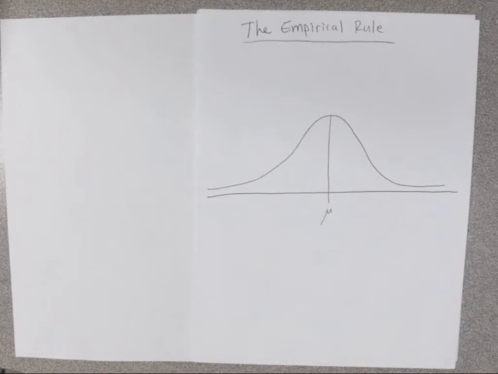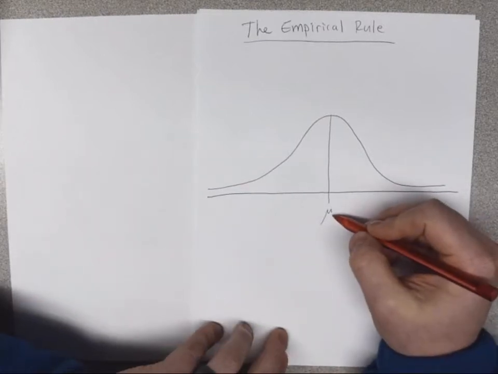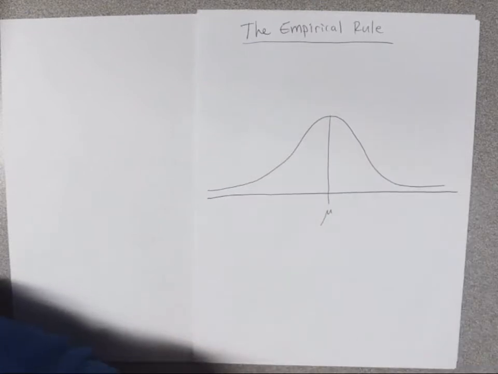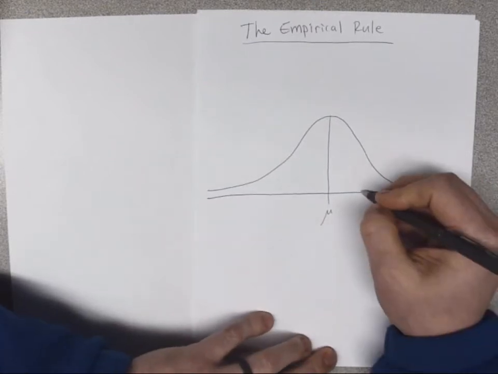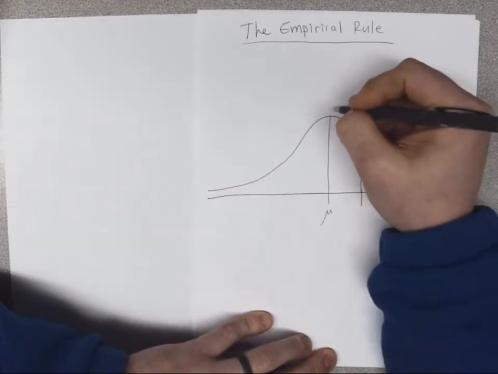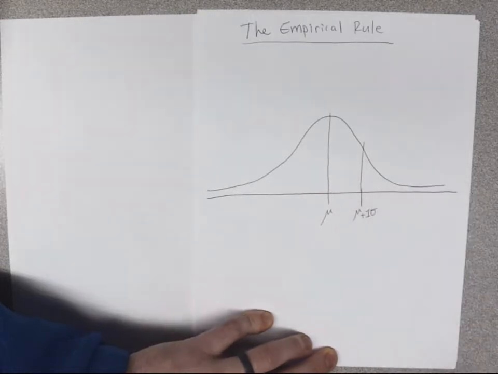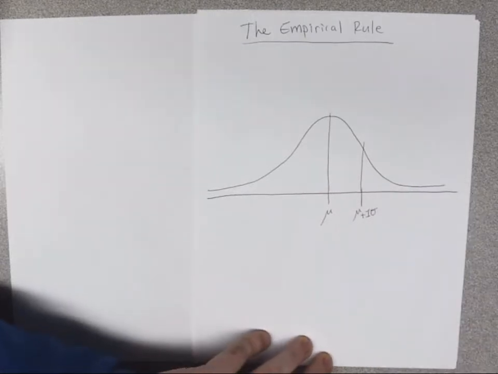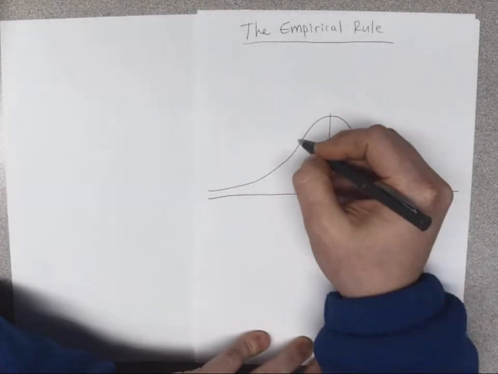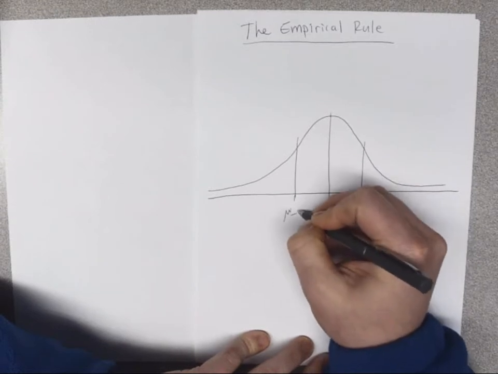So what we do is we can take our mean and we can add one standard deviation to it. So now this line here is mu plus 1 sigma. Correspondingly, we can subtract 1 sigma also. So here this would be mu minus 1 sigma.